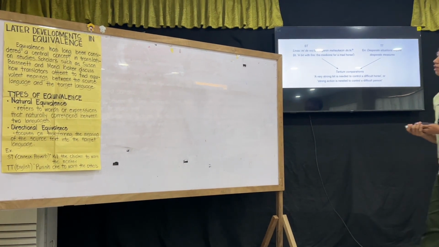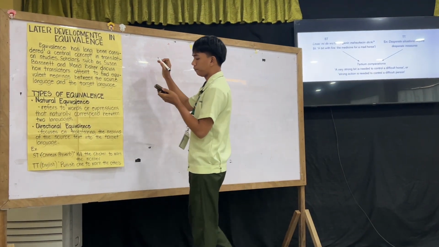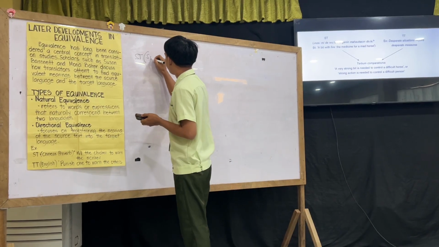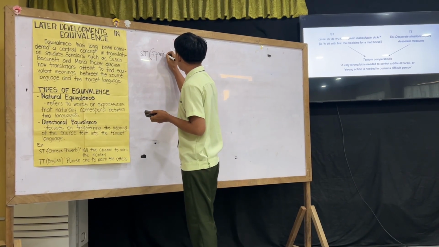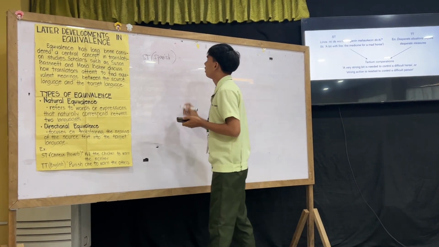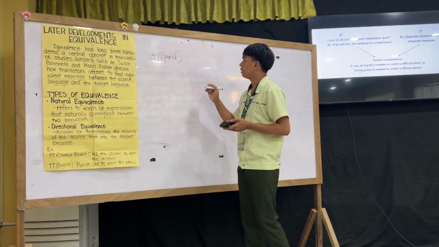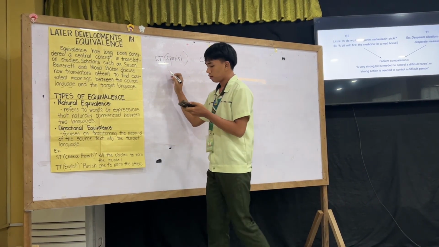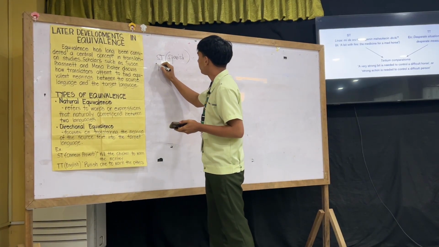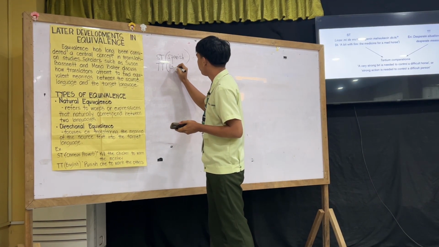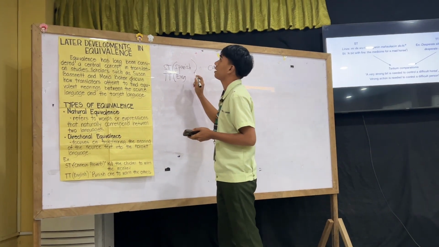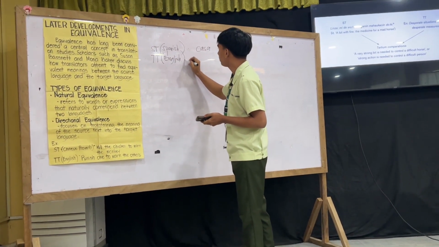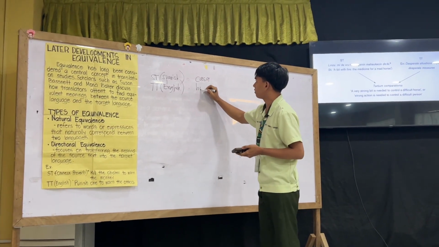For example, the source text is in the Spanish language. Let's take the word "casa," which means house. Our target text is in English, so in English, it is "house."